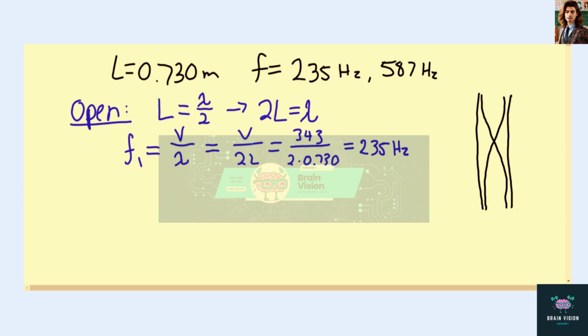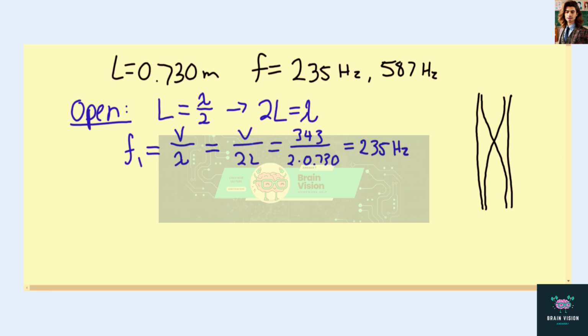So then we have to figure out whether or not 587 is a resonant frequency, a natural frequency of the tube in this situation. For a tube that's open at both ends, the natural frequencies above the fundamental will be integer multiples of the fundamental frequency. So we just start taking integer multiples of 235, and we will stop if we get above 587, because once we get above 587, we're not going to find 587 as a higher frequency.